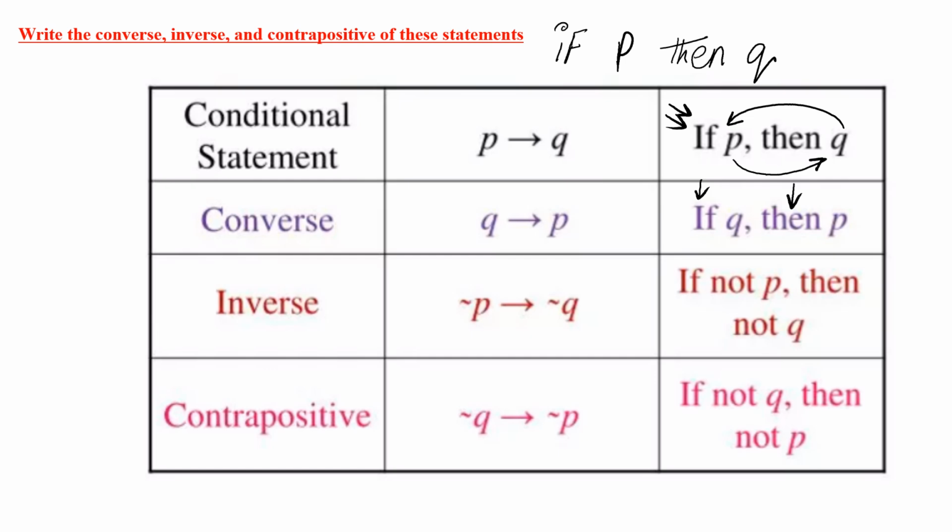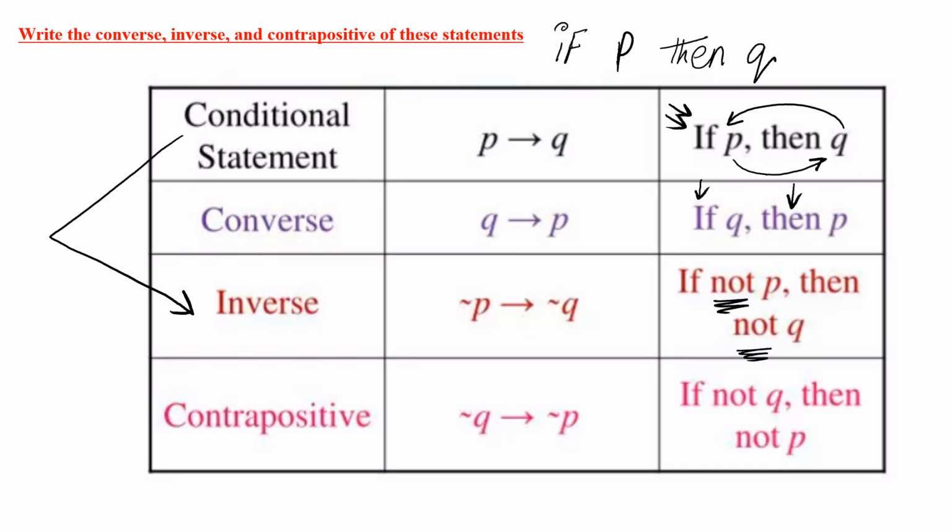Now, inverse is actually the negation of the conditional statement. So if we say if not P, then not Q, by adding the word not to the P statement and the Q statement, we make it an inverse statement.